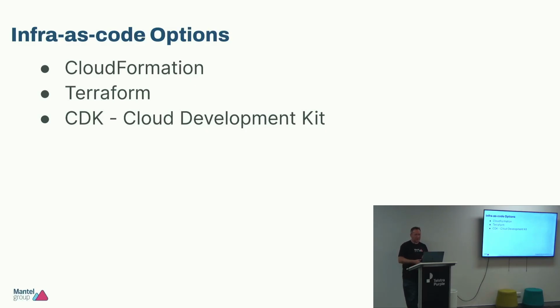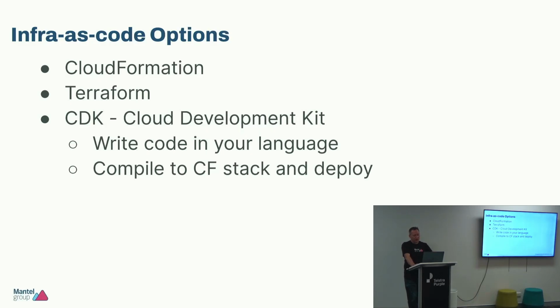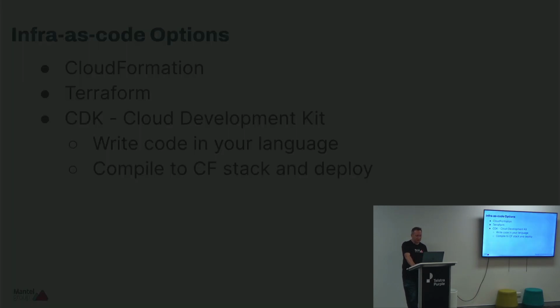CDK, or the Cloud Development Kit, is my favorite thing for deploying to AWS, because when you're building up the structure that you want to deploy to the cloud, you actually write code to do that. It's a bit like Pulumi. Pulumi is very similar to this. But you write code in your favorite programming language, build up the structures, and that compiles to a CloudFormation stack and deploys itself.